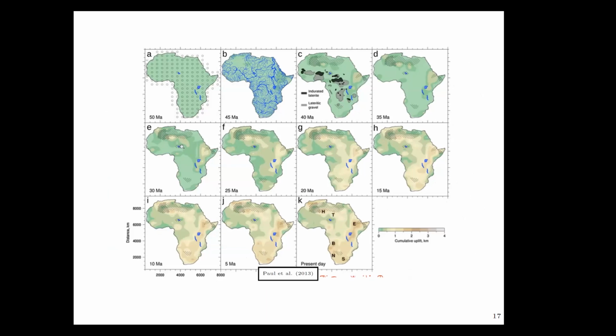Based on their models, they first see an uplift in the north, the appearance of the swells, which shows up next around the East African system. And another phase of uplift shows up starting from 20 million years towards the southern part of the continent, which shows up as an uplift around the South African plateau.